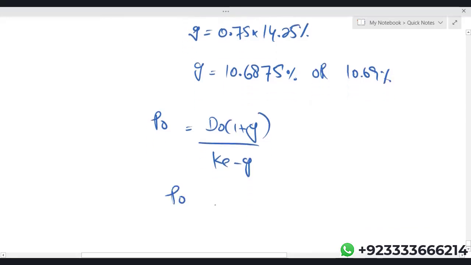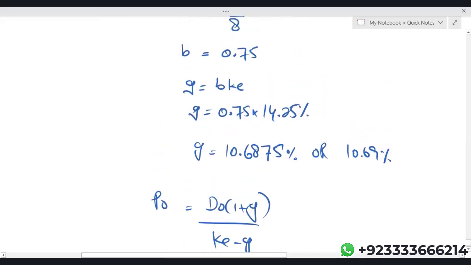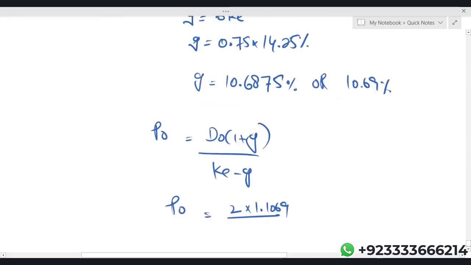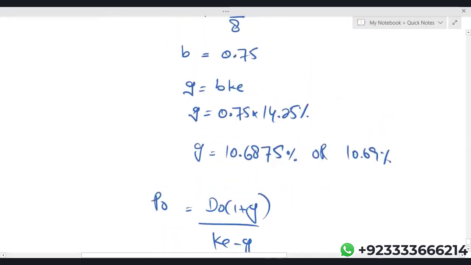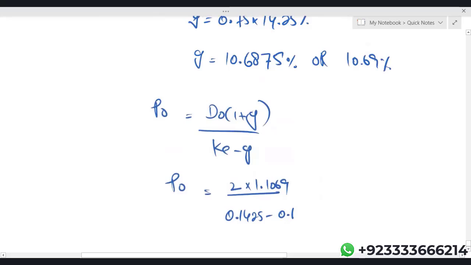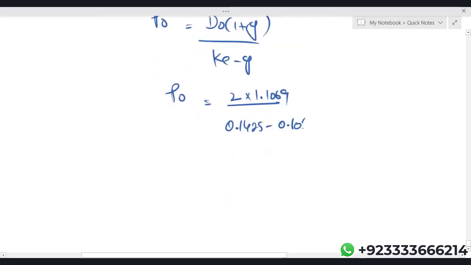P naught is equal to 2 into 1.1069 divided by 0.1425 minus 0.1069.